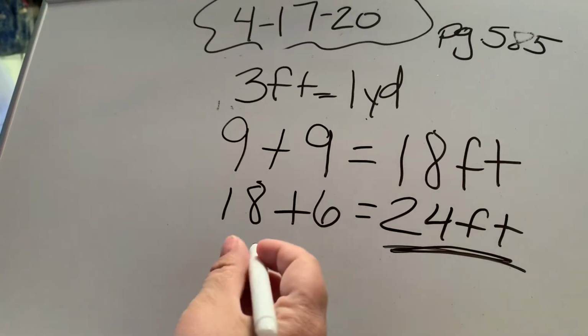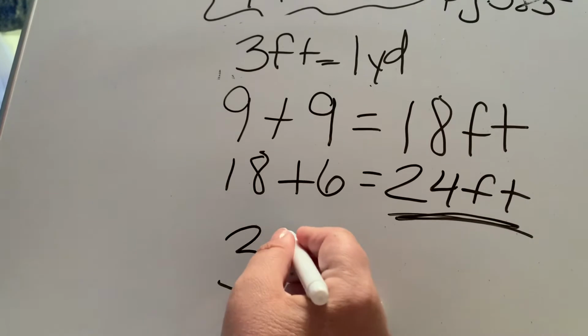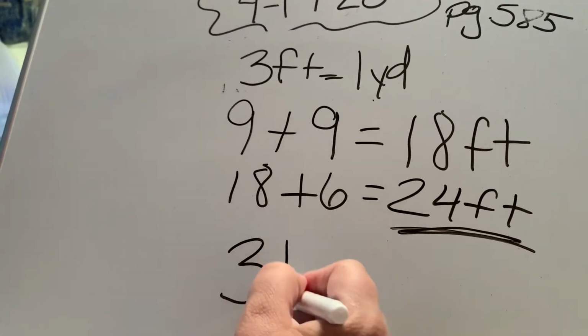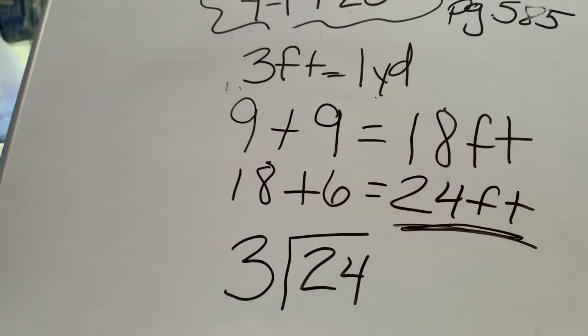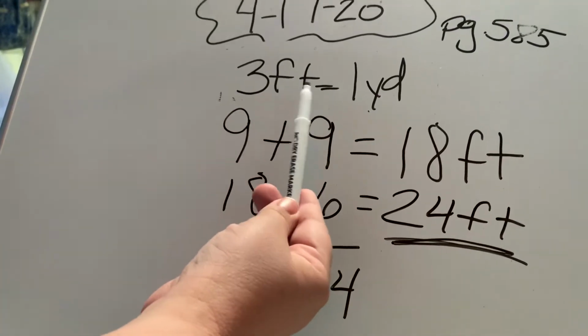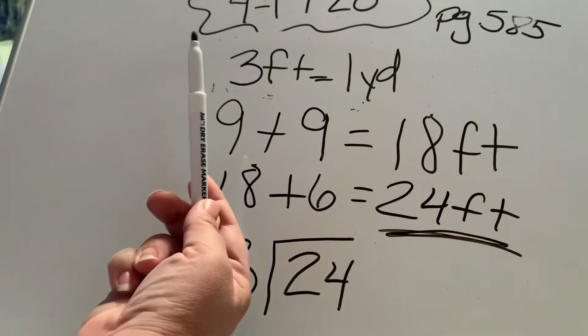What are you going to have to do to the 24 feet? You're going to have to divide it into 3 groups, okay? All right, why? Because how many feet does it take to make a yard?